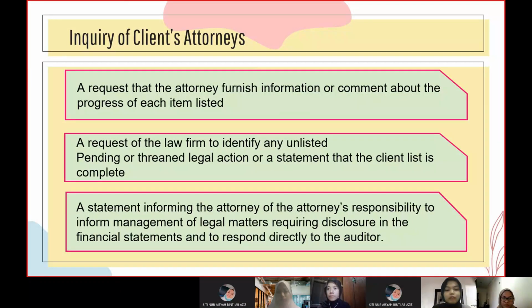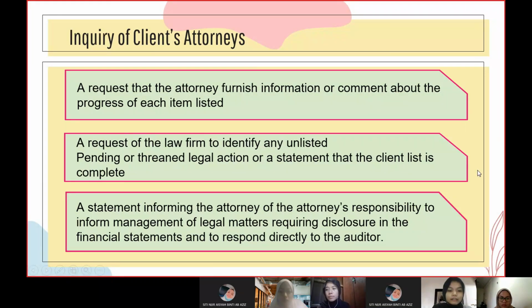Okay, in the inquiry of the client's attorney, we have a request that the attorney furnish information or comment about the progress of each item listed, a request of the law firm to identify any unlisted pending or threatened legal action, or a statement that the client's list is complete.